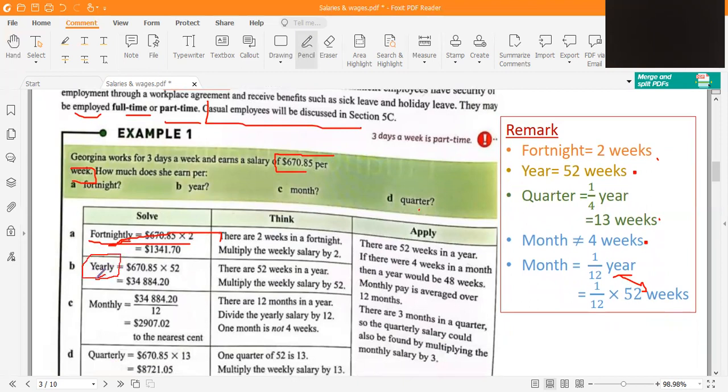Yearly salary can be calculated by multiplying the weekly salary by 52, because in a year we have 52 weeks. We can't deduce the monthly salary directly from the weekly salary, so the monthly salary equals the yearly salary that we calculated, divided by 12, because in a year we have 12 months.